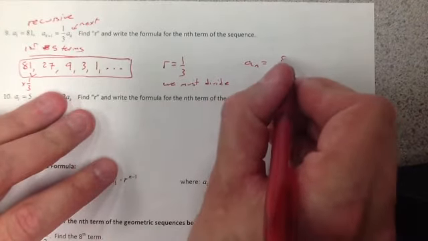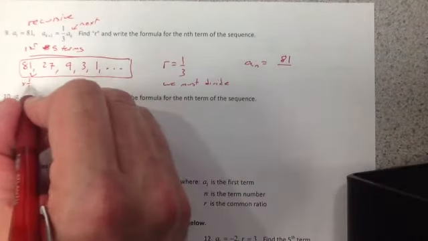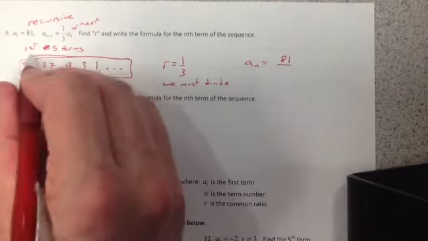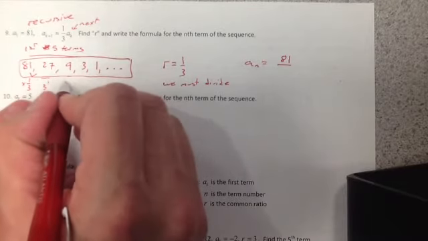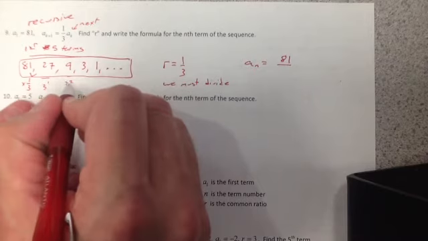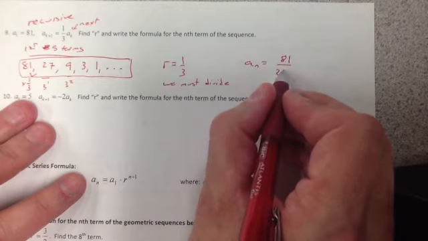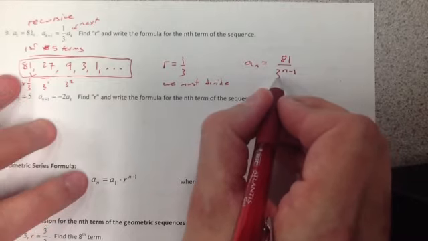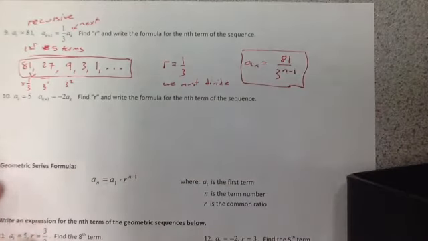I'm starting with 81, and I'm going to divide that. Now, be careful. This is 3 to some power. If I divide 81 by 3 to the 0, which is 1, I get 81. 3 to the first, I get 27. If I take 81 divided by 3 squared, I get 9. So I'm taking 3 and dividing by some power. We want it to be 1 on the bottom at first, so I still get my 81, so I take n minus 1. And in a few examples, we're going to take a look at how we actually write these today.